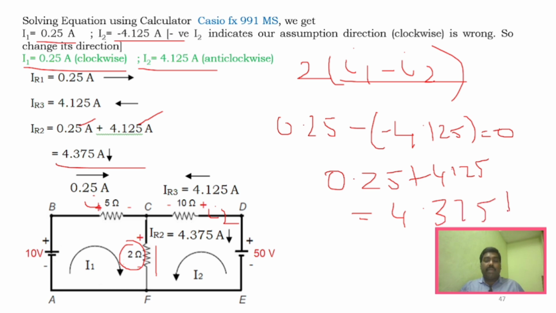It is the same answer. If you find it difficult, you can follow this, but when writing the answer, write it this way: the current across the 5 ohm is 0.25, the current across the 10 ohm is 4.125, and the current across the 2 ohm is 4.375.